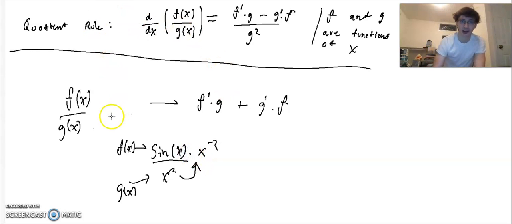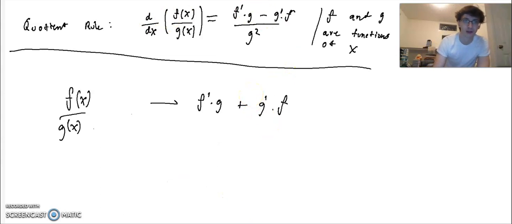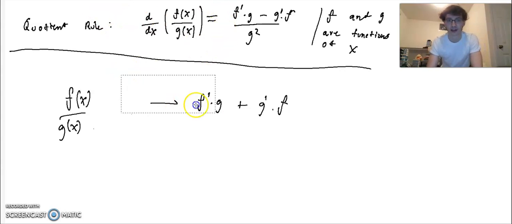But we need to learn it nevertheless, and it's always good to see where this stuff comes from. So let's get right into it. Well, first, let's clear this out.